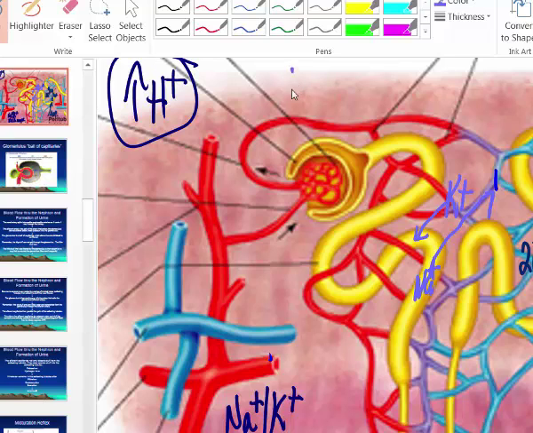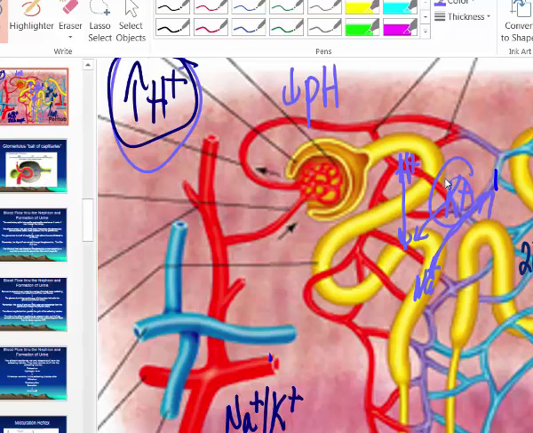Now, if your pH is dropping because the amount of free-floating hydrogen ions in the blood goes up, then that sodium-potassium exchanger becomes a sodium-hydrogen ion exchanger. You get rid of the hydrogen ions and exchange them for sodium, but the potassium remains in the blood. So acidosis leads to hyperkalemia. Make sense?